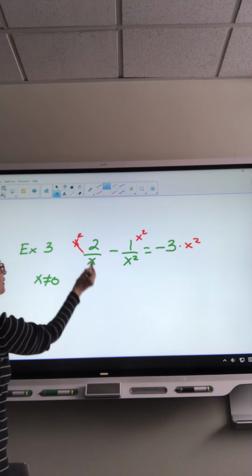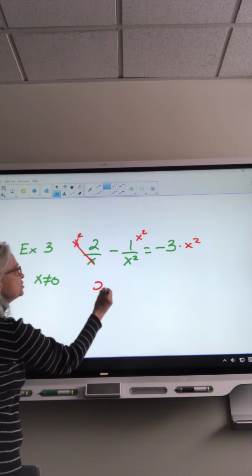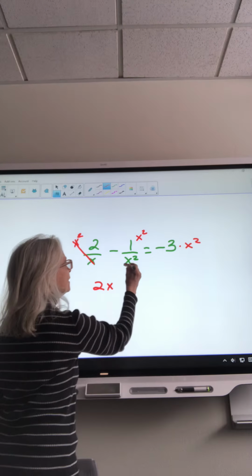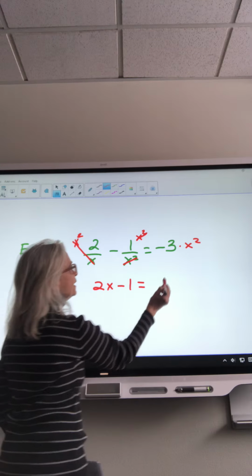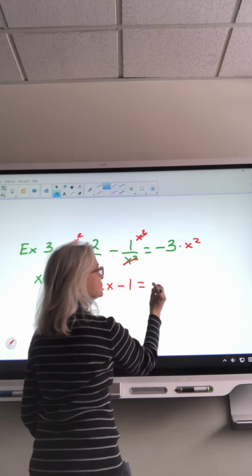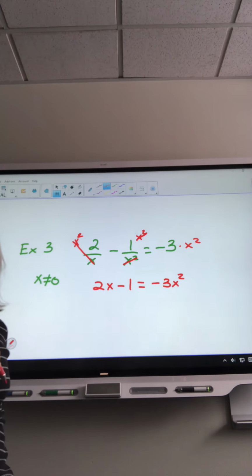Here we would just be left with an x, and x times 2 is 2x. This would cancel out, so you'll have a -1. And then it would be a -3 times x squared, which would give you a -3x squared.